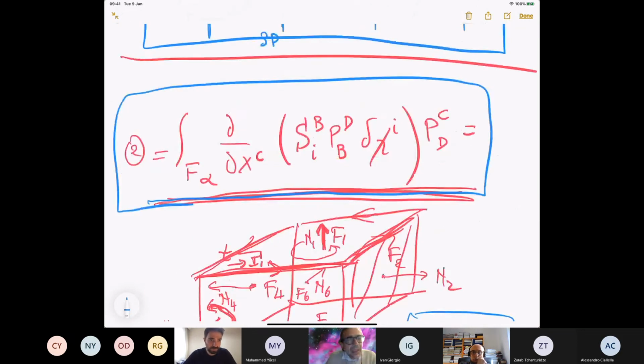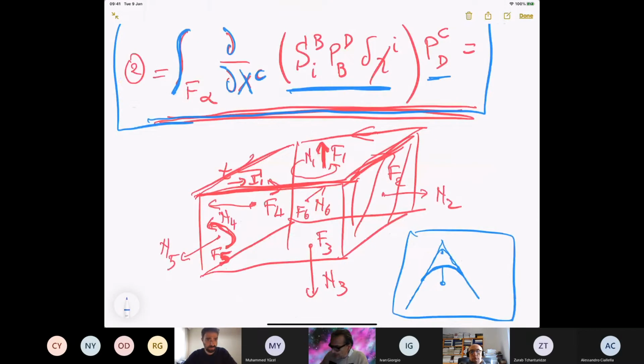Instead, if you have the unifying principle of virtual work, naturally, for every face, you have the integral on the face F alpha of d over dx_c of this quantity, P_cd. And you can apply the divergence theorem on the surface.